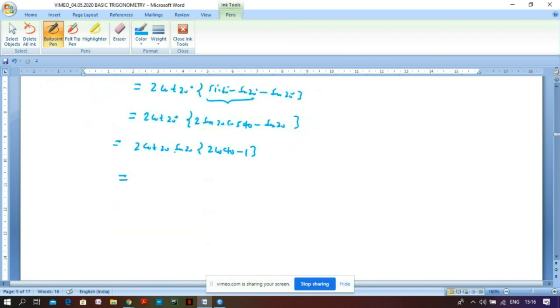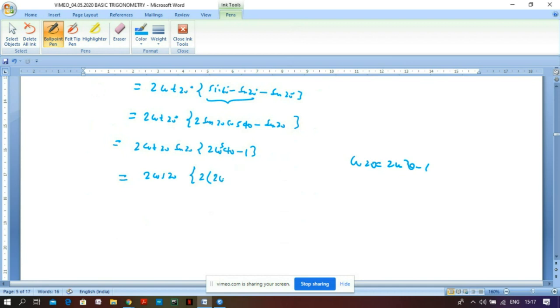Now 2 cot 20 sin 20 is nothing but 2 times cos 20. And cos 40, I can write in terms of cos 20. So I'm writing cos of 2 theta as 2 cos squared theta minus 1. I prefer this form because everything is cos.